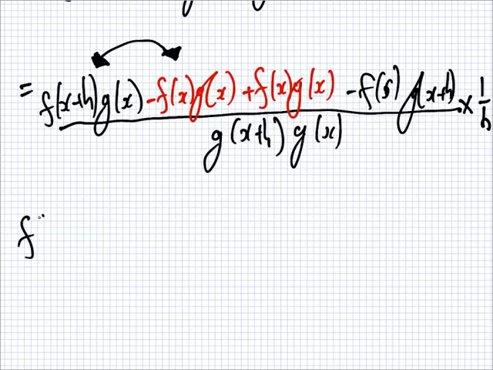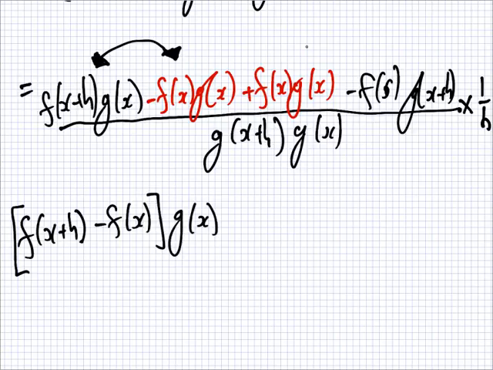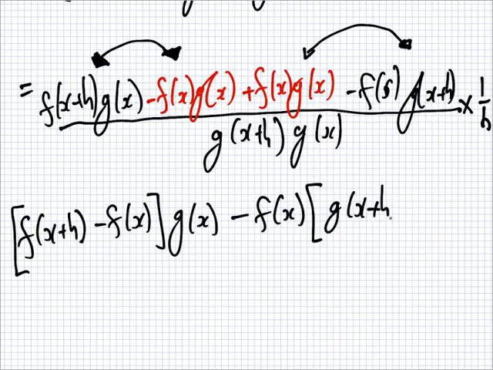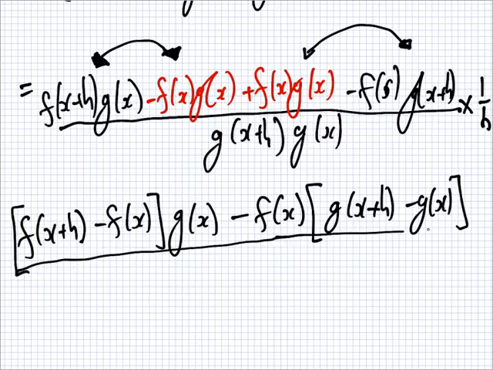So I have f(x plus h) minus f(x), times g(x). And here, what's in common with these two? f(x), yeah. Minus f(x), g(x plus h) minus g(x). All over h g(x plus h) g(x).